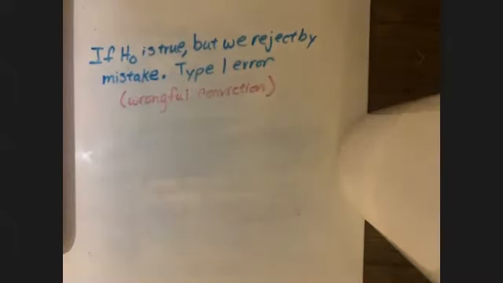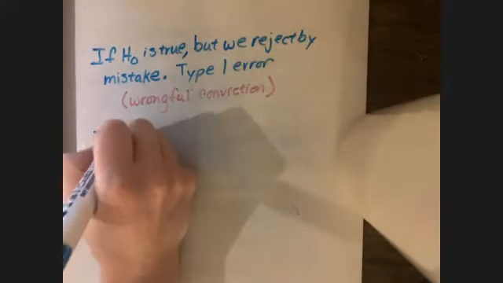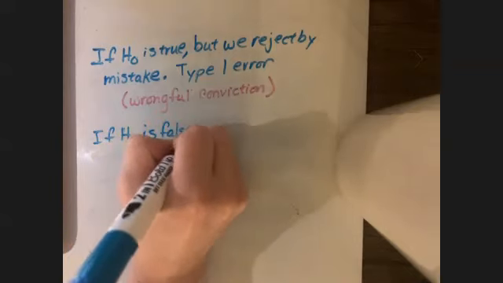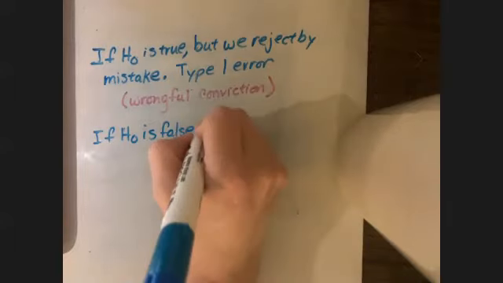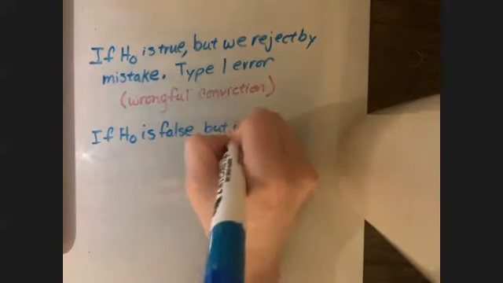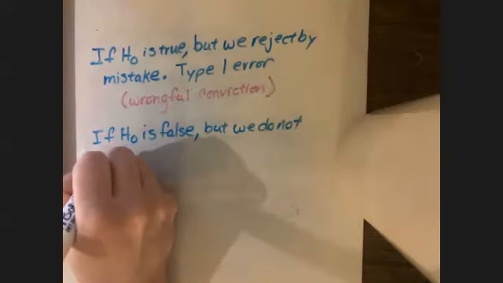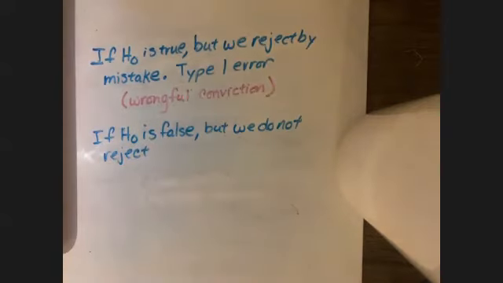Okay, so that is a wrongful conviction. Now, if H naught is false, which means they are in fact guilty, but we do not reject, because if it was false then we should have rejected, but we do not reject.